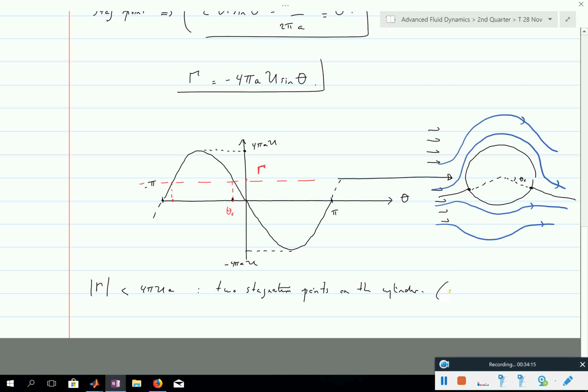And the coordinates are the solution of gamma equals minus 4 pi AU sine theta naught. And then when gamma is larger than 4 pi UA, then there is no stagnation point on the cylinder.